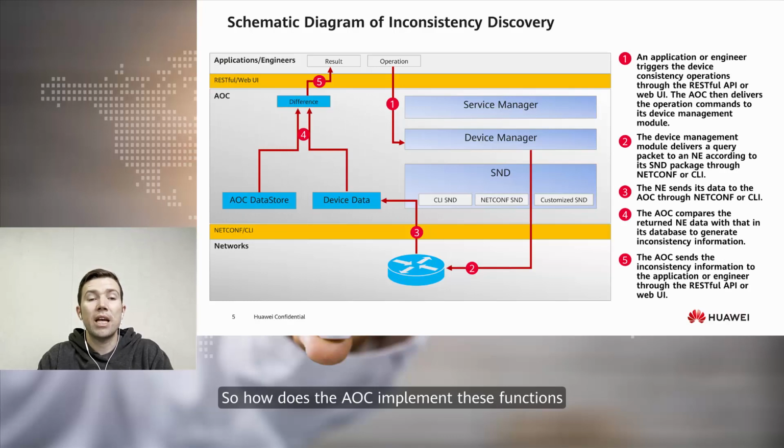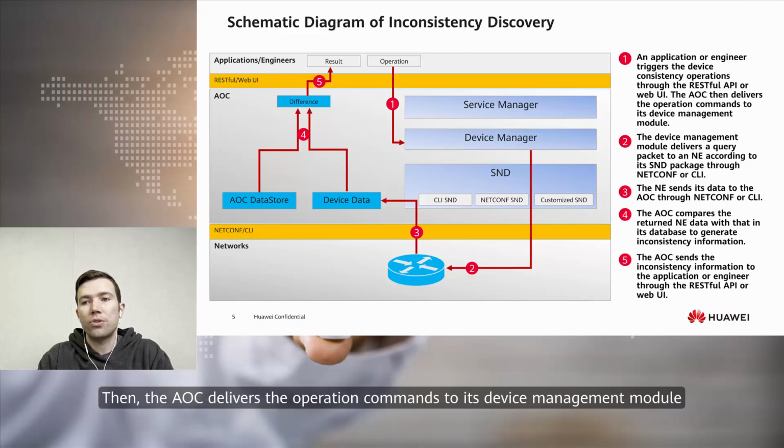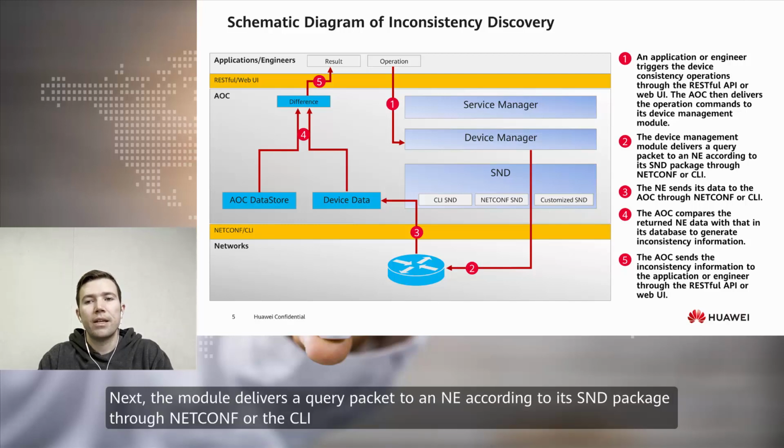So how does the AOC implement these functions? Let's look at the process of inconsistency discovery. First, an application or engineer triggers the device consistency operations through the RESTful API or Web UI. Then the AOC delivers the operation commands to its device management module. Next, the module delivers a query packet to an NE according to its SND package through netconf or the CLI.